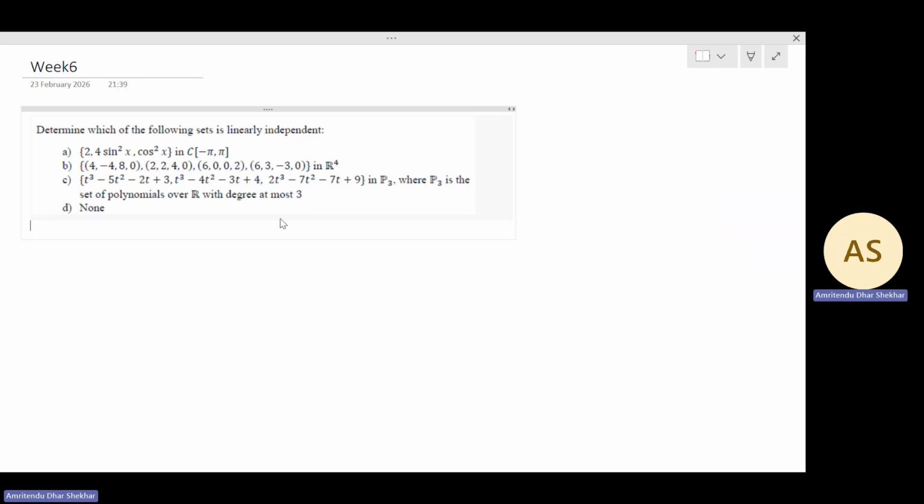Right. So the first question is about finding which of the sets is an independent set. So we first make a few observations.